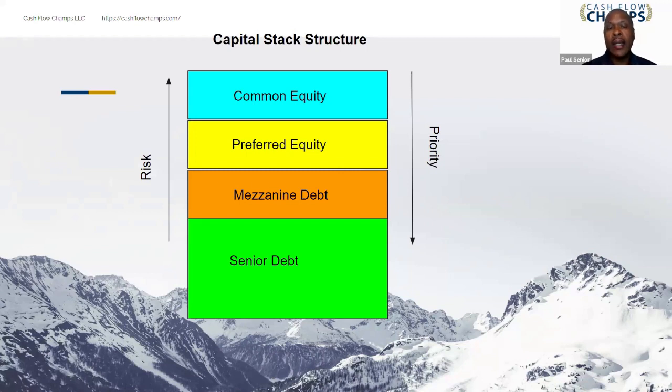So an equity pledge is more an agreement between the borrower and the lender, where in the mezz debt scenario, if the borrower defaults, then the lender can foreclose on the LLC interest that owns the property instead of foreclosing on the property itself.